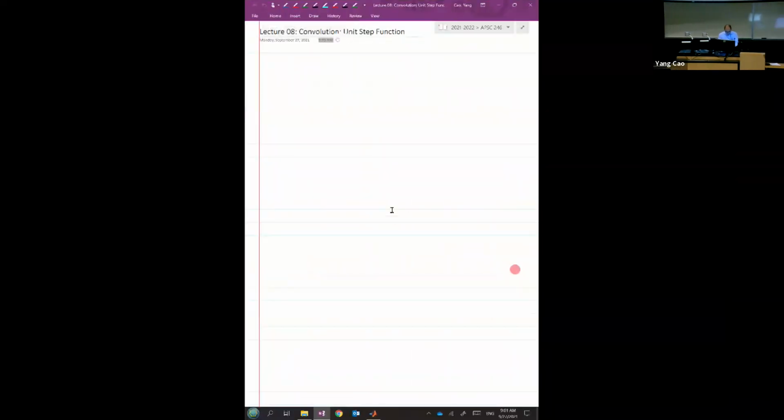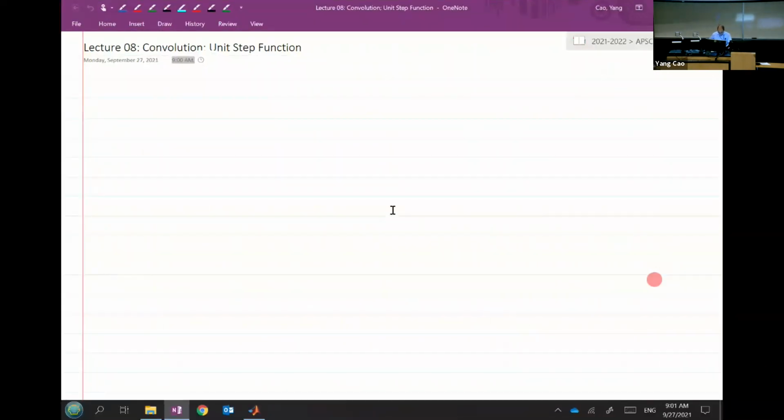So today we'll try to finish the convolution. The example we started in the previous lecture, let's finish that.